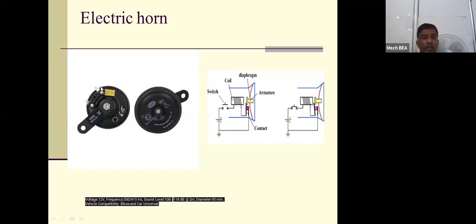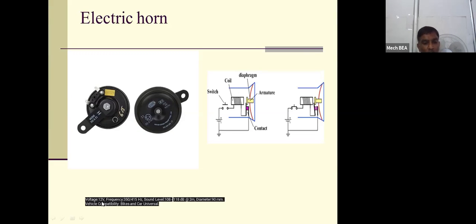Okay. So the next important device is used to alert people or crowds whenever the vehicle is moving on the road. During traffic, it is a very useful device which is essential for the vehicle. So, the electric horn. These are the actual images, and this is the rating, one example I have given.